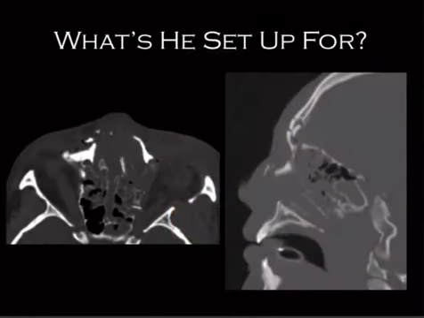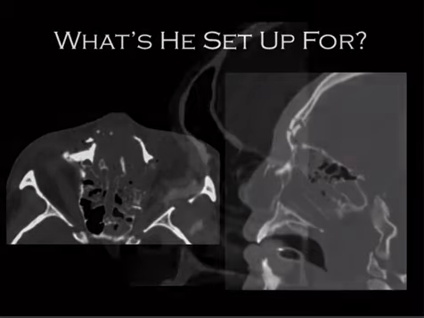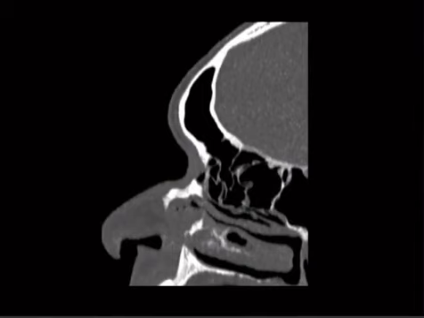All right, so next case, this person's had a bad smash to the face, a nasal orbital ethmoid pattern where the nose and things are just sort of crushed backwards. So what is he set up for? Let's review normal sinus anatomy real fast.